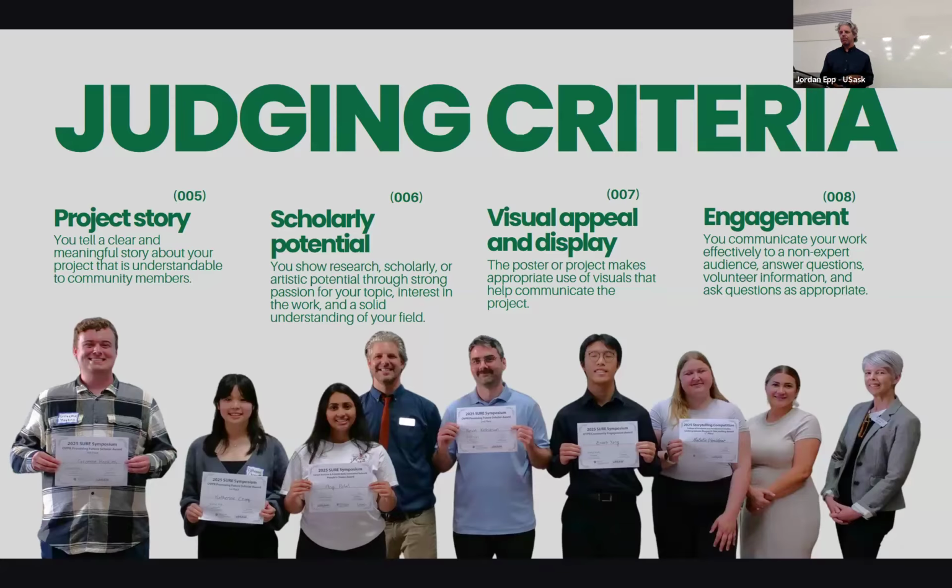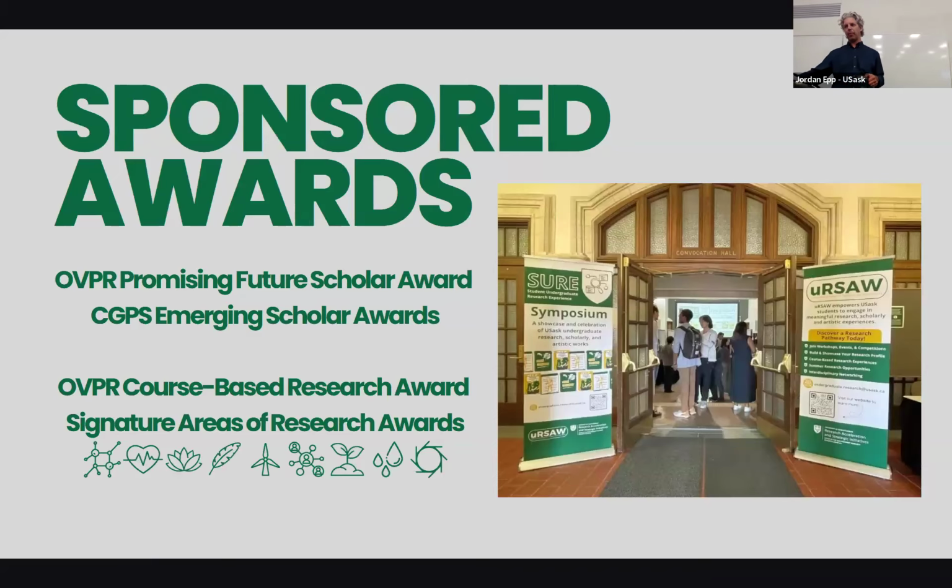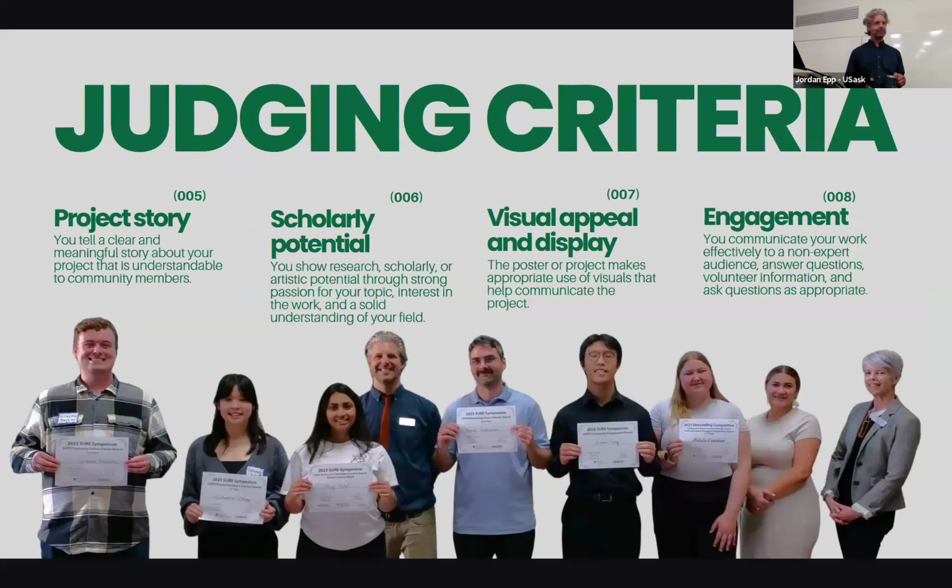Number 6, scholarly potential. You show research, scholarly or artistic potential through strong passion for your topic, interest in your work, and a solid understanding of your field. So this is your scholarly potential. One of the awards we'll see is the OVPR Promising Future Scholar Award and the CGPS Emerging Scholar Awards.